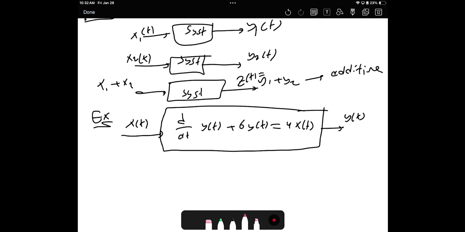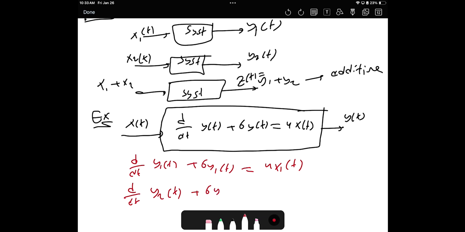So what I'm going to do is, let's try to make x1 or y1. So let's make d by dt, replace every y by y1, every x by x1. So dy1 of t plus 6y1 of t equals 4x1 of t. Now how about y2? d by dt y2 of t plus 6y2 of t equals 4x2 of t.